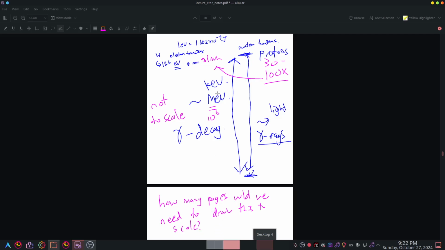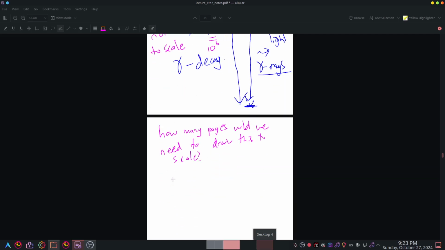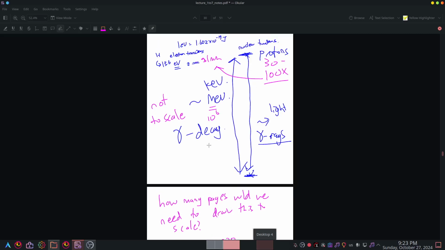If this electron transition within hydrogen is like 1 mm wide, and this energy level transition is about 100 times as long, a ballpark estimate, then 1 million is 10 to the 6, this is 10 to the 2, so we need 10 to the 4, so 10,000 pages of this energy transition in order to draw this to scale.